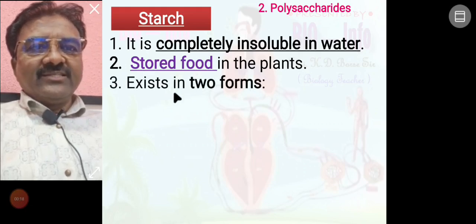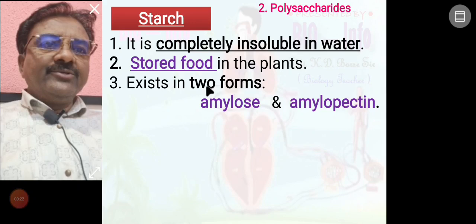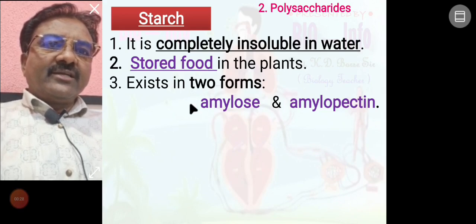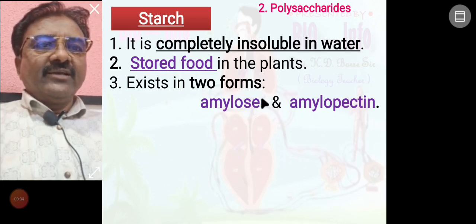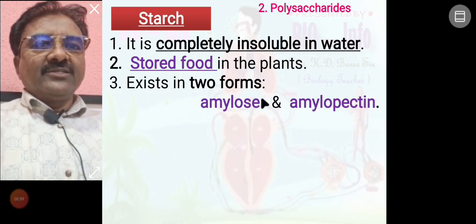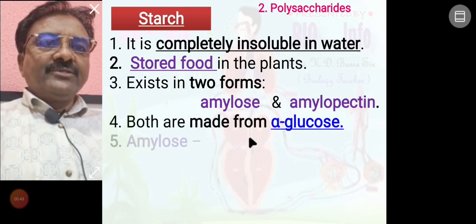Starch exists in two forms, amylose and amylopectin. This is the most important. Starch exists in two forms. Amylose is one of the starches and amylopectin is also one of the starches. Both are made up of alpha glucose.